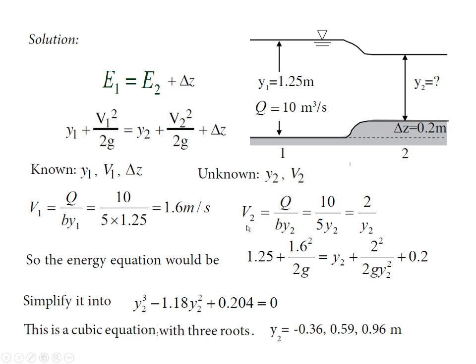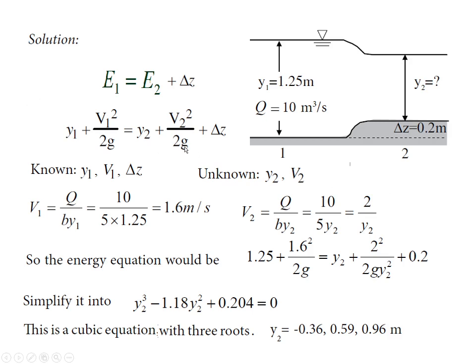You see that V2 equals Q over B y2. Q is constant and equals 10, so V2 equals 10 over 5 y2. And 5 is the constant bottom width, in section 1 or section 2. Therefore, V2 equals 2 over y2.